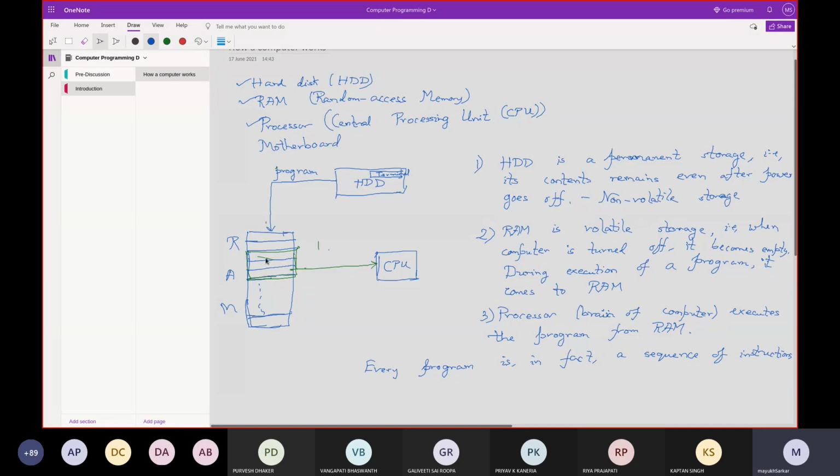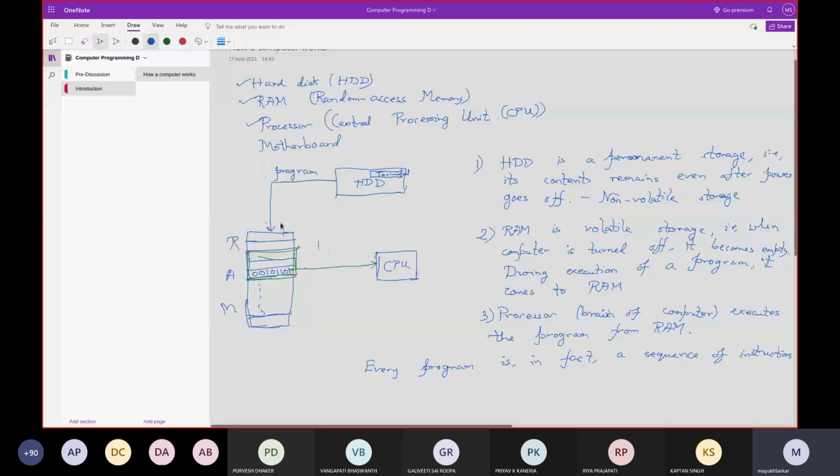But focus on this thing now. Eventually every instruction is again a sequence of zeros and ones. Maybe at this row the instruction has come here, maybe 00101101. Maybe this gives some instruction to the CPU.